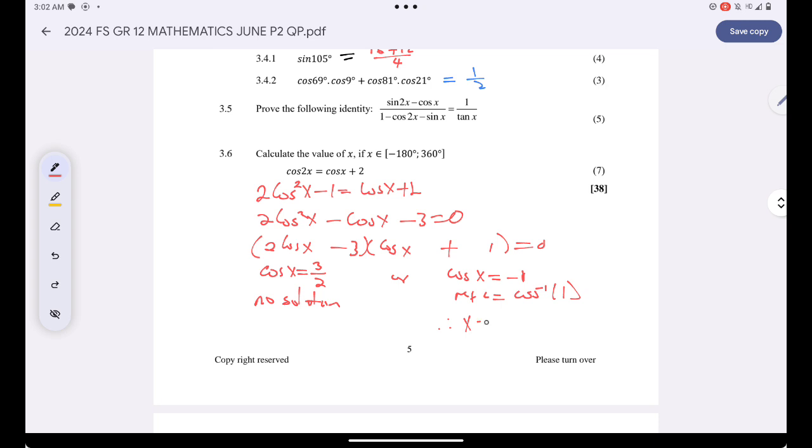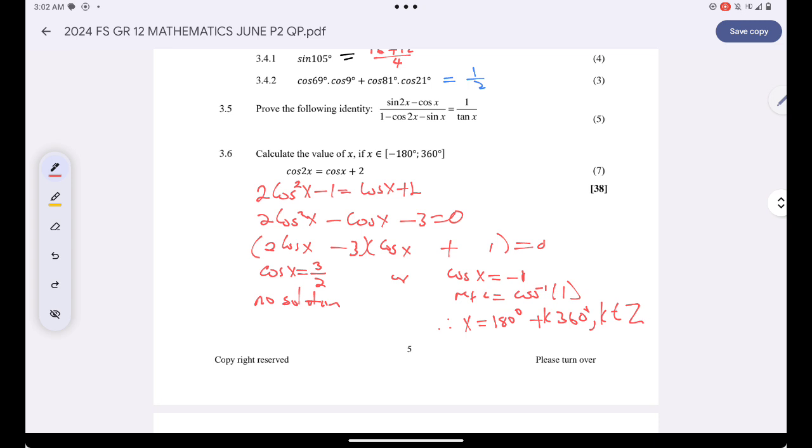So therefore I'll say x is equal to, cos is negative on the second and third quadrant. And in the second quadrant we write the angle as 180 minus 0 plus k. On the third quadrant we do the same thing, 180 plus 0 is still 180. So we will still have the same solution, right?